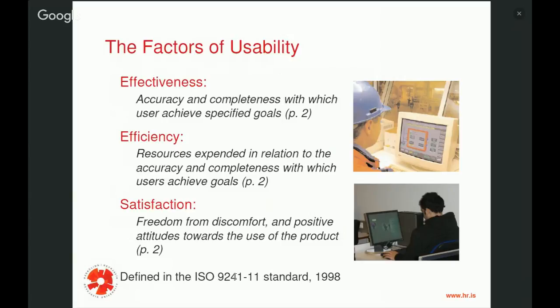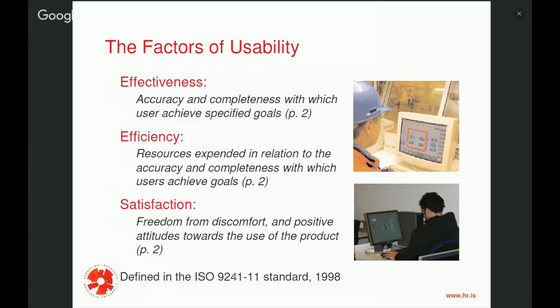And then the satisfaction is more subjective, it's his way of judging. It's the positive attitude towards the product. But this is measured while the user is using the system or right after, so it's during use.